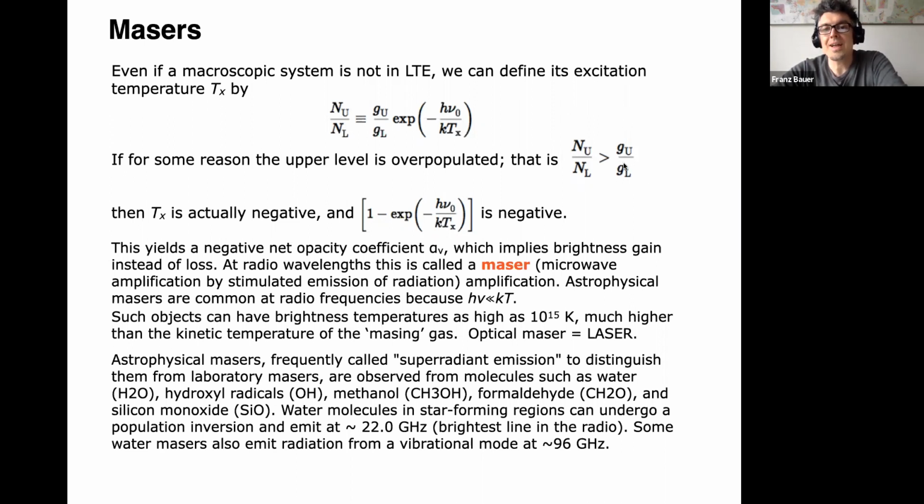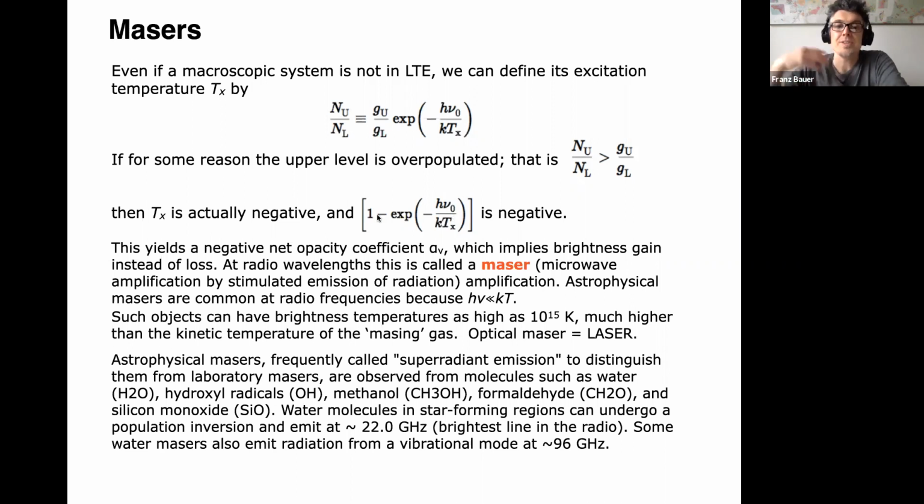What this ends up meaning is that this has to actually be negative in order for this to work, and then this thing also has to be negative. If the excitation temperature turns out to be negative, which is not physical, this becomes very, very big, and then this becomes negative.